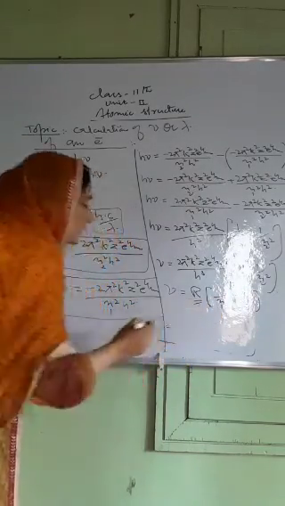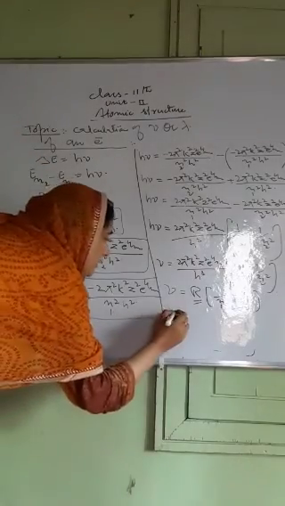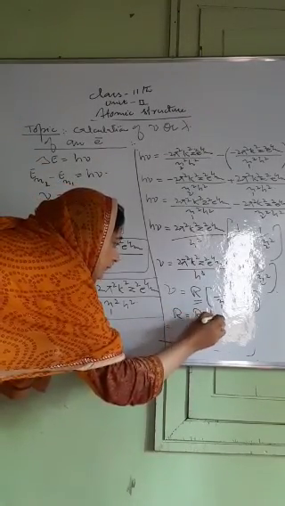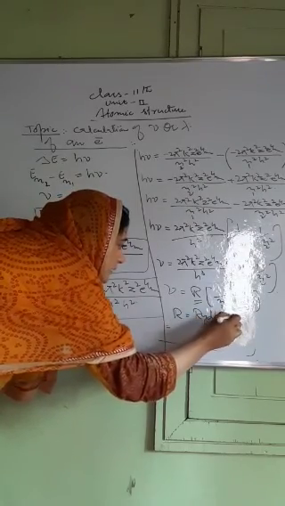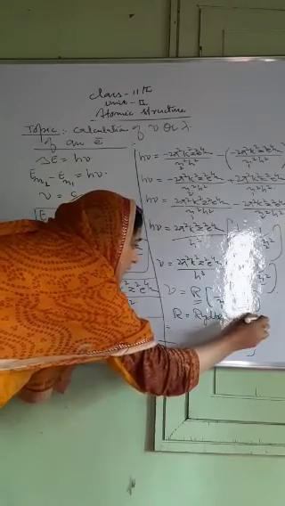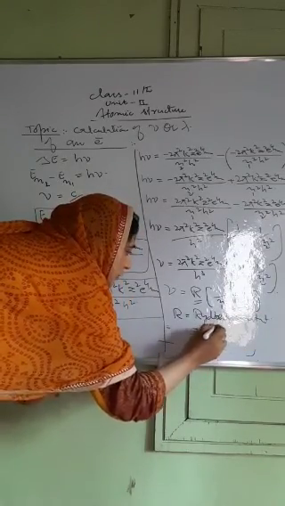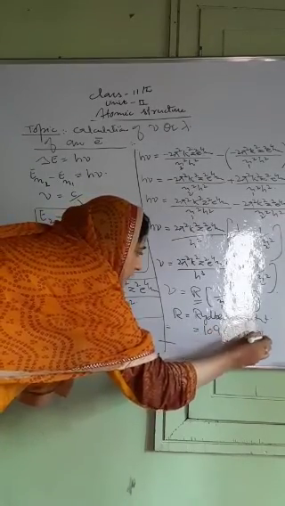What is this r? It is called Rydberg's constant and its value is equal to 109,678 centimeter inverse.